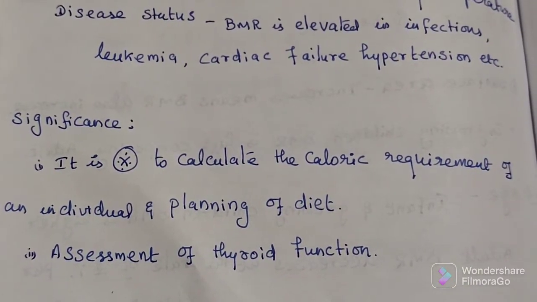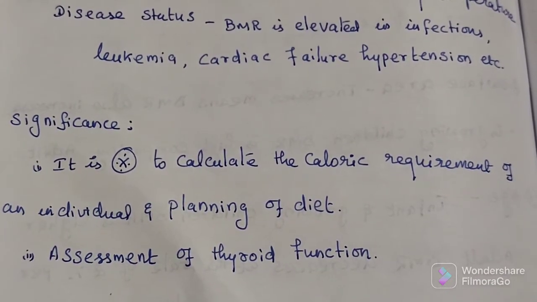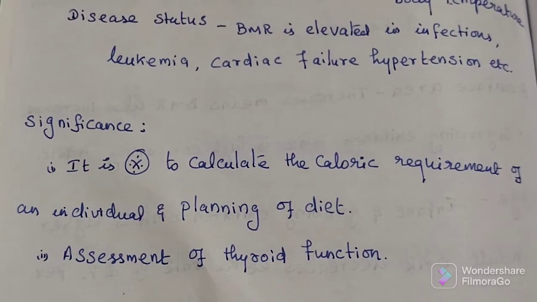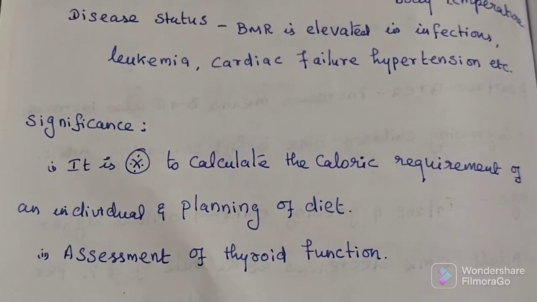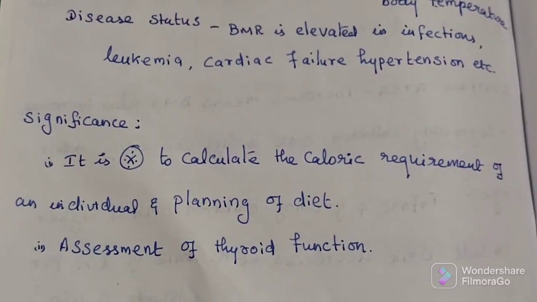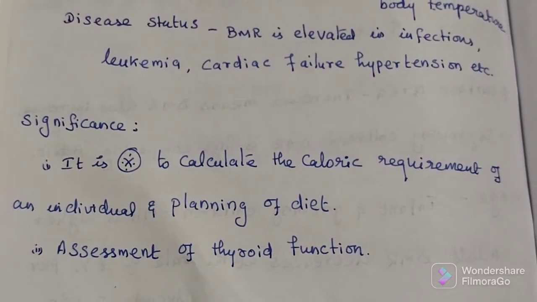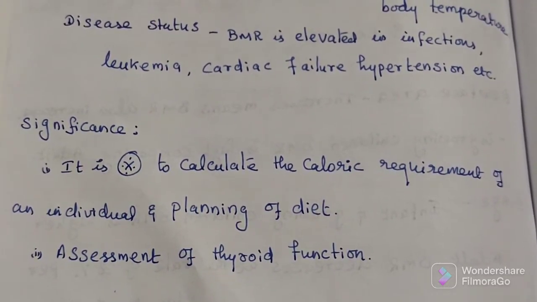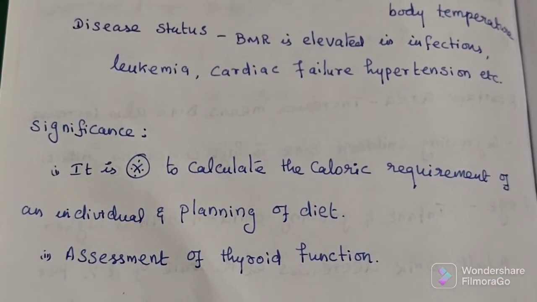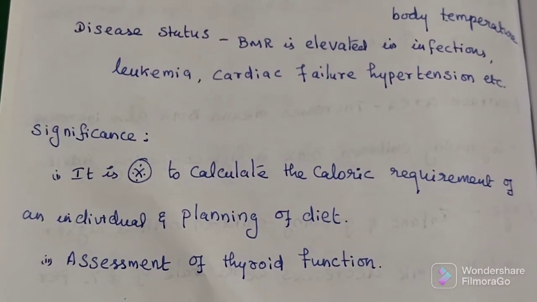Next, what is the clinical significance of calculating BMR? There are two important clinical significances. First one is to calculate the calorific requirement of an individual and plan the diet. It is important to consider BMR in energy requirement.